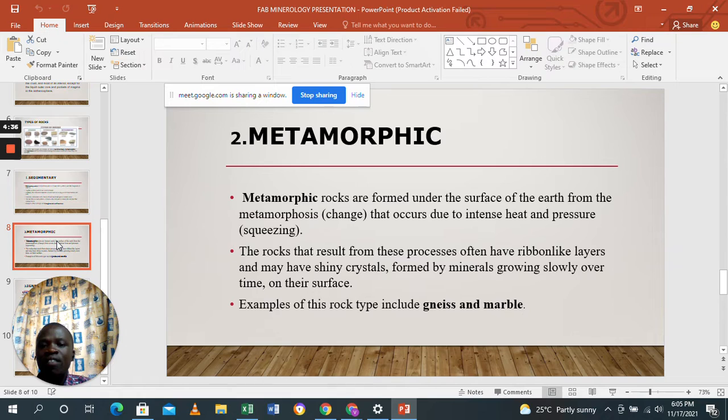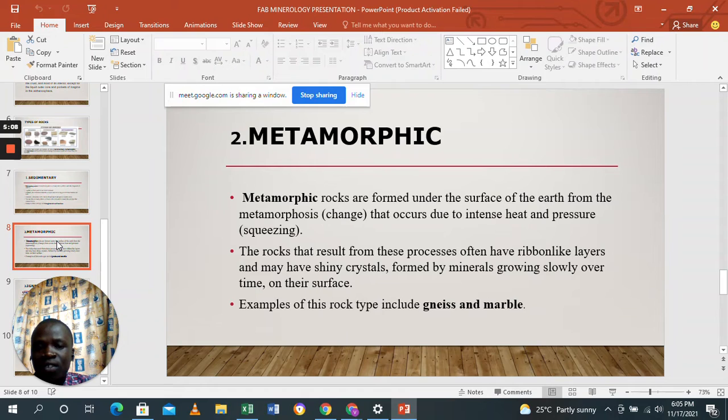The second one is the metamorphic rocks. Metamorphic rocks are formed under the surface of the Earth from metamorphic changes that occur due to intense heat and pressure, through the process of squeezing the material.